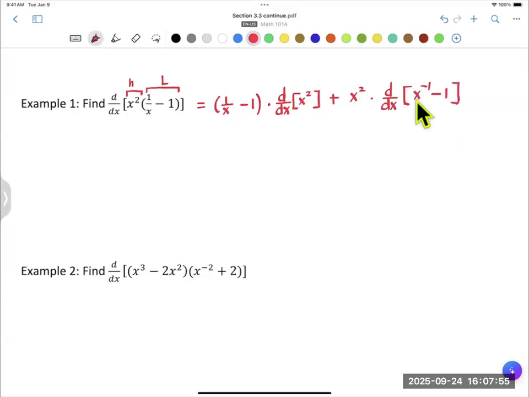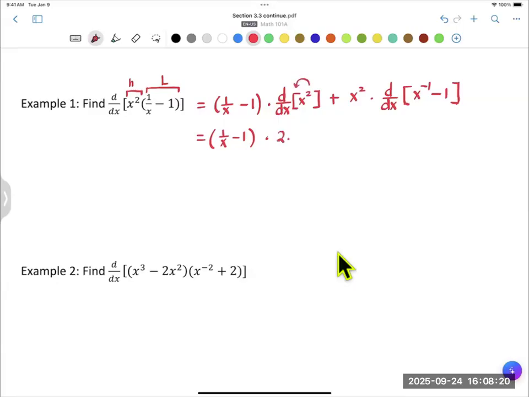When I take the derivative, it's better to bring up the denominator and make it x to the power negative 1, unless you are already used to finding the derivative of 1 over x, okay? Now I start taking my derivative. So 1 over x minus 1 stays the same. And the derivative of x squared is the power rule, so we bring down the exponent.